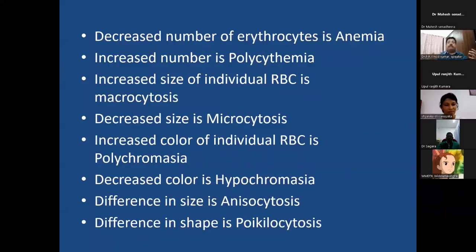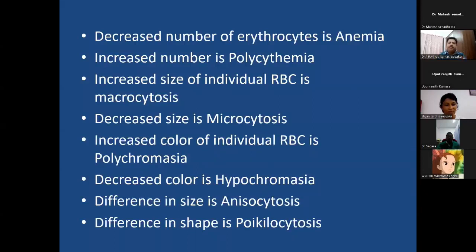So there is a disease process going on. The tissue oxygen demand is too much. From the atmospheric air, they have to grab as much oxygen as possible. So they will increase in size, grab as much oxygen as possible and carry this oxygen to the damaged tissue. So that is macrocytosis.